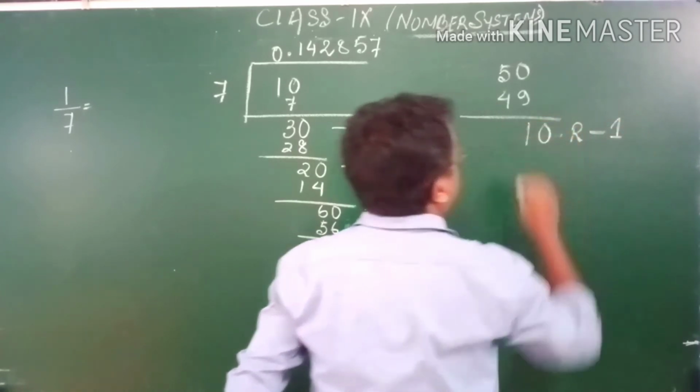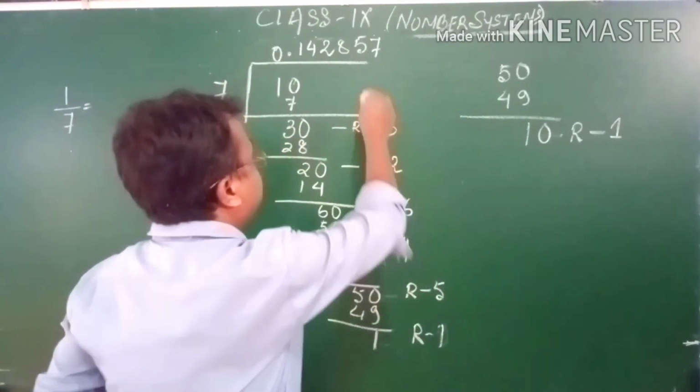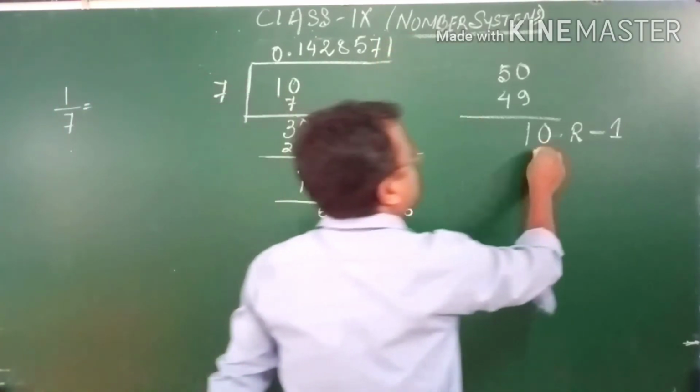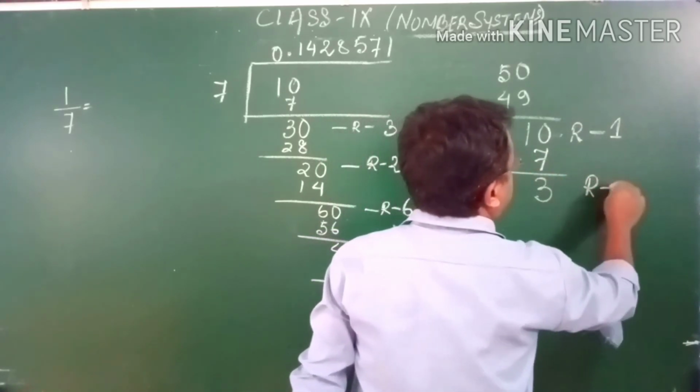Again put 0. 7 1s are 7, so 10 minus 7 is 3. The remainder we got is 3.